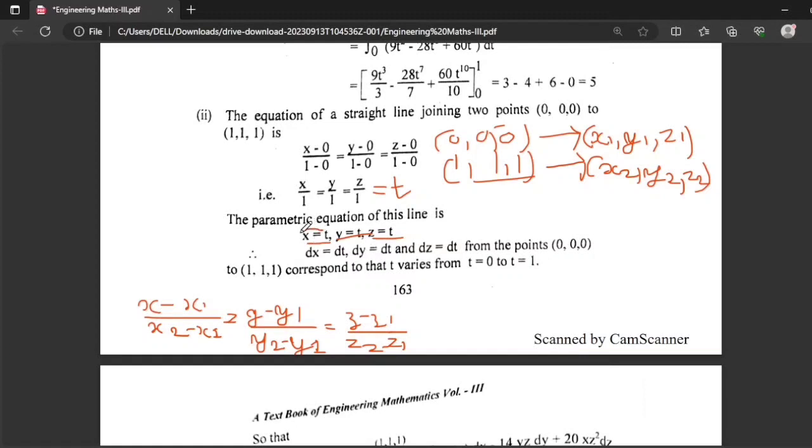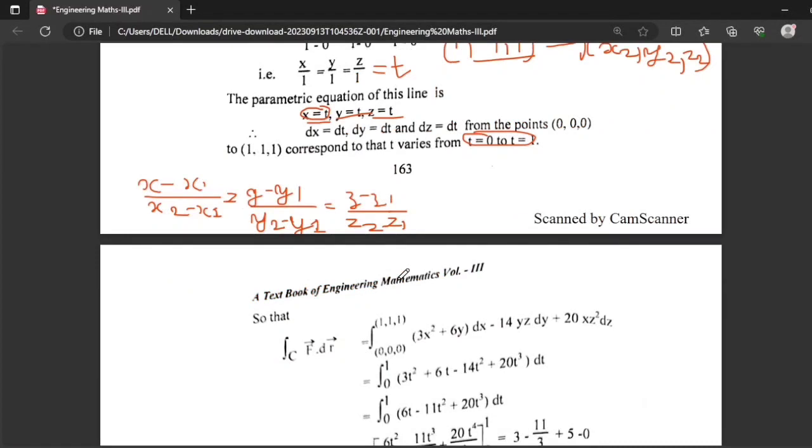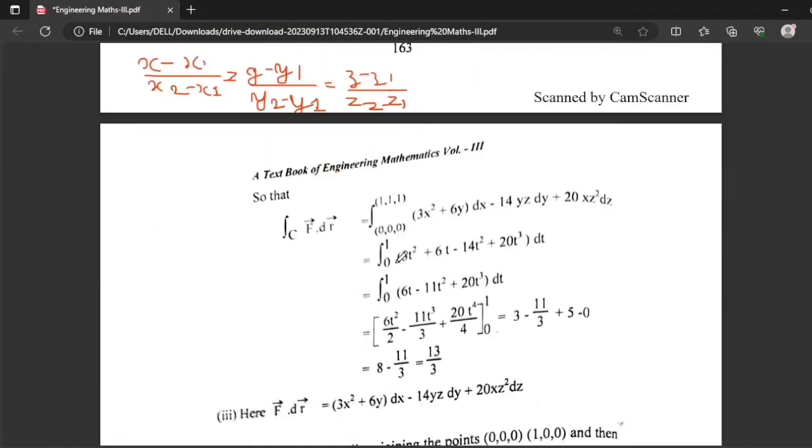When x varies from 0 to 1, the lower limit x is 0 so t is 0, and the upper limit x is 1 so t is 1. Similarly for the others, the limit of t is from 0 to 1.